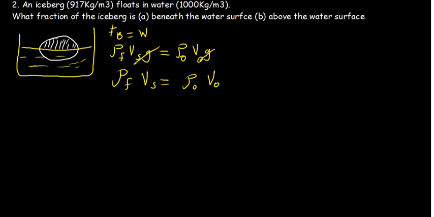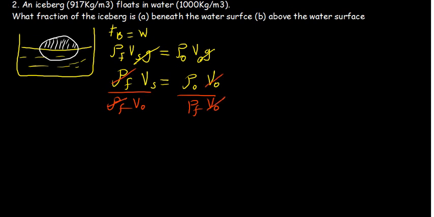From here, let me divide both sides by the density of the fluid, and divide both sides by the volume of the object. This value cancels out, and this value cancels out.